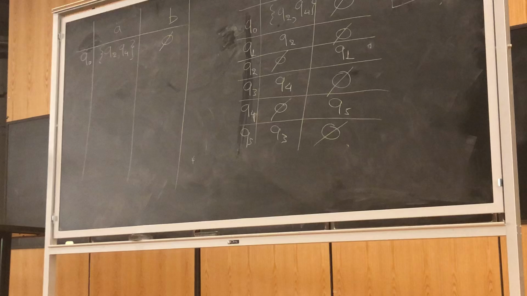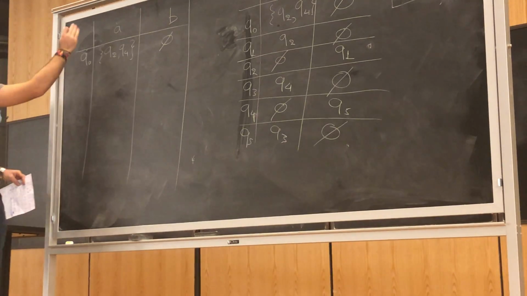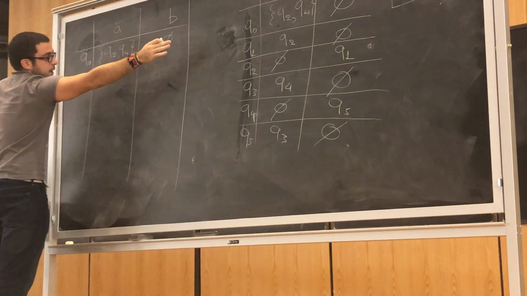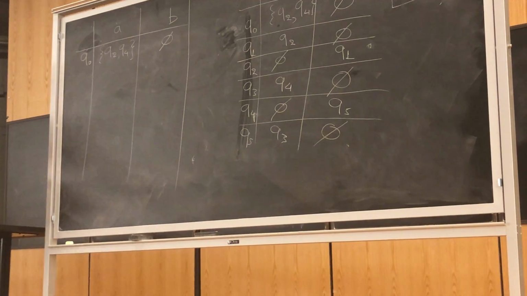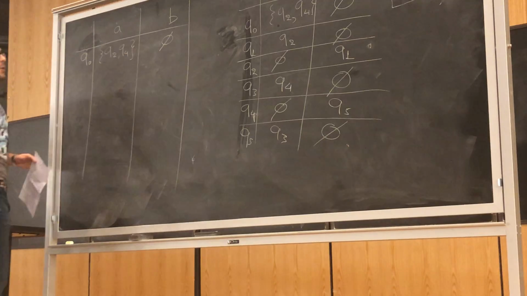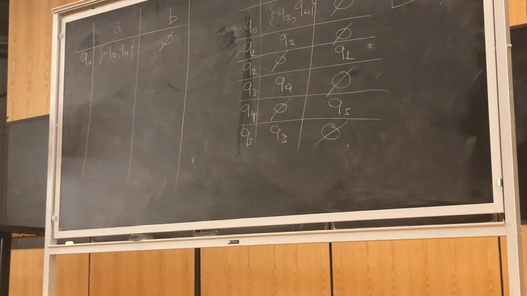I don't have the DFA in my hands yet, so I don't know what state I need to define next. I will define any state that I see on the right side of my table, and it's not previously defined. Q2, Q4, I will look at this as a state now, and I will define a new state named Q2, Q4.